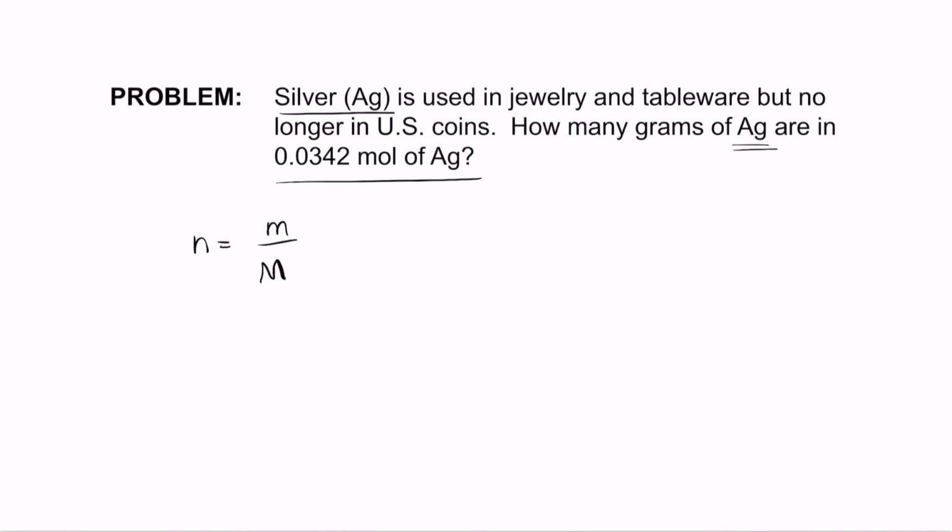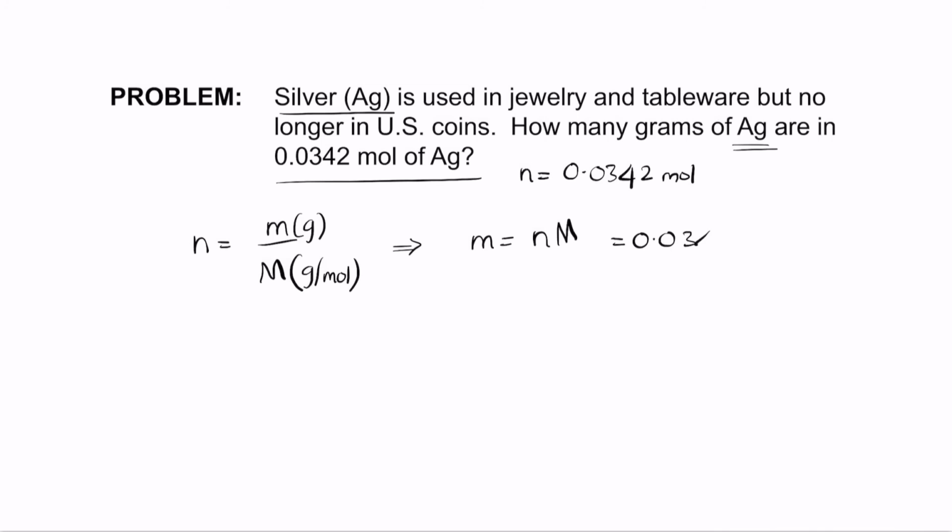They are asking us how many grams of silver there are. Remember that mass is represented by grams, and molar mass is represented by gram per mole. So mass becomes number of moles times the molar mass. The number of moles given in this problem is 0.0342 mole. But we do not know the molar mass, so we need the molar mass of silver. How do you find the molar mass of silver? From the periodic table.